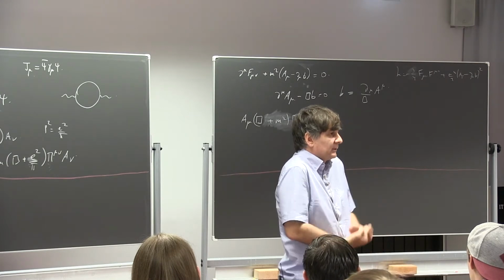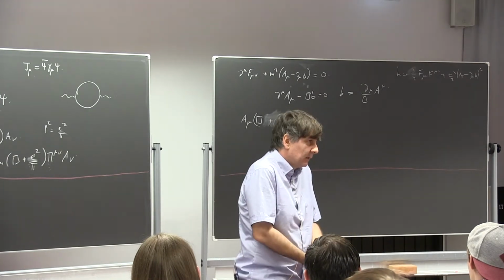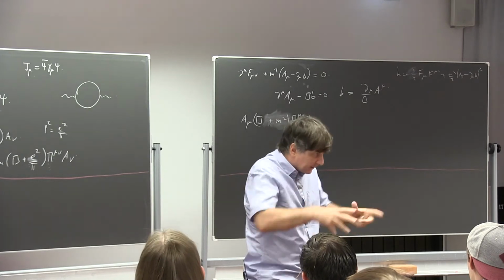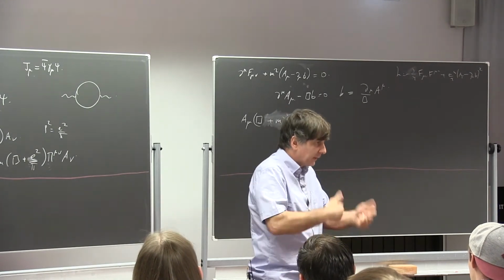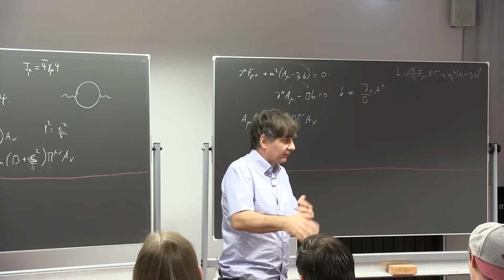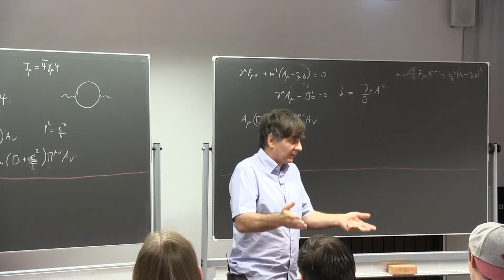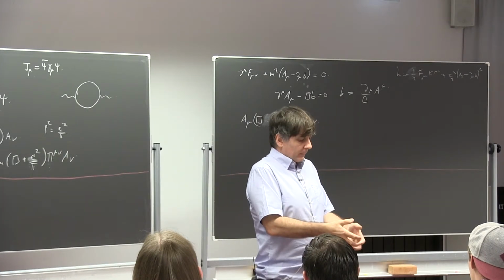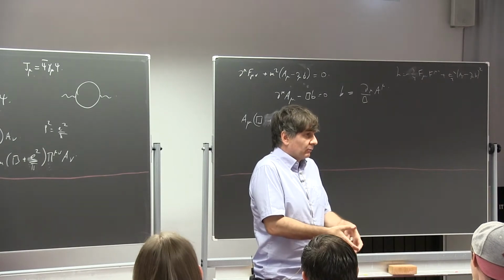So the photon remains massless. Of course, there is some partial screening or anti-screening effect, depending on whether you are in an asymptotically free theory. U(1) is never asymptotically free, as you know. But that's it. There is no generation of the photon mass.